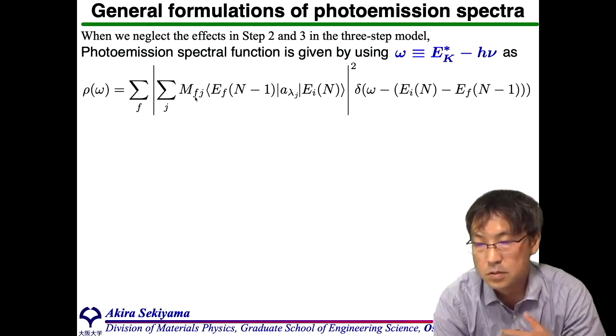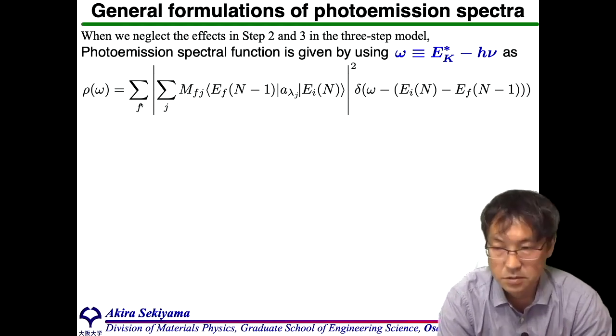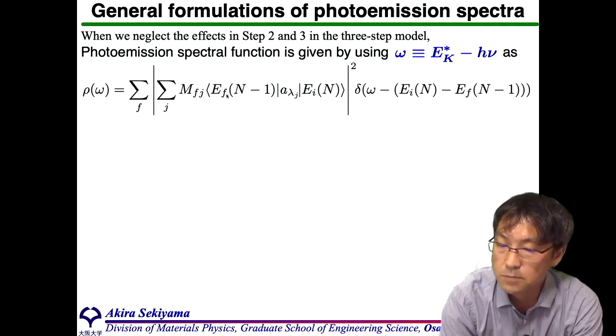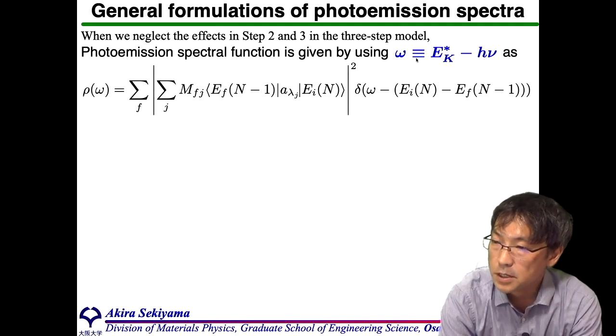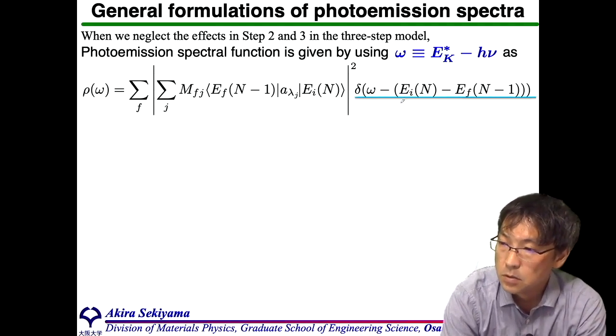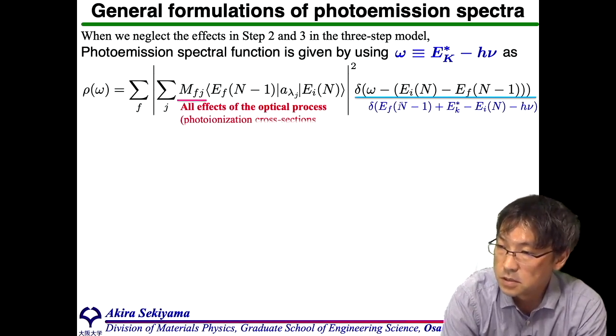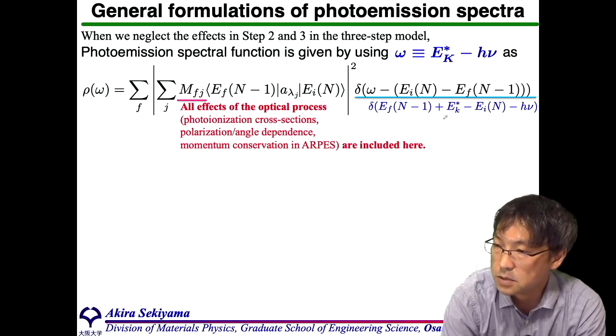We need to sum over all the initial states and final states. Therefore, this kind of summation is required. And we defined energy ω as this formula, so we can understand this one is the same as this one.